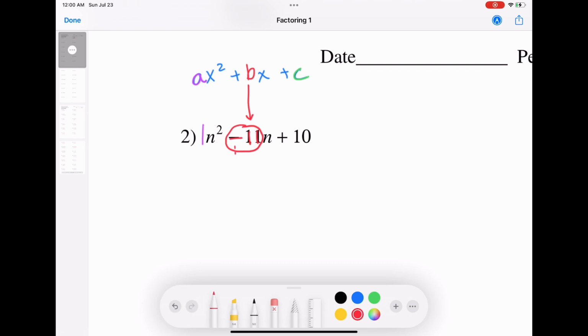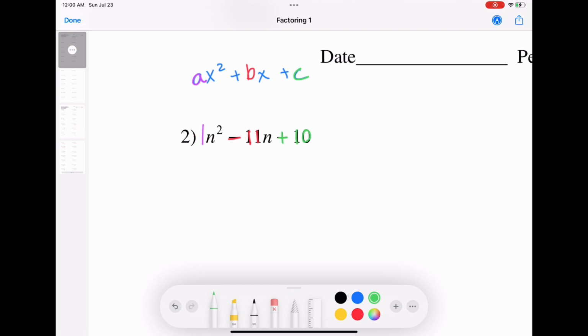Keep the sign, the negative, connected to it, because that's going to help when you're factoring to figure out which numbers to use. So negative 11 is B, and then our C, the term without a variable, is positive 10. Remember to keep the positive 10.